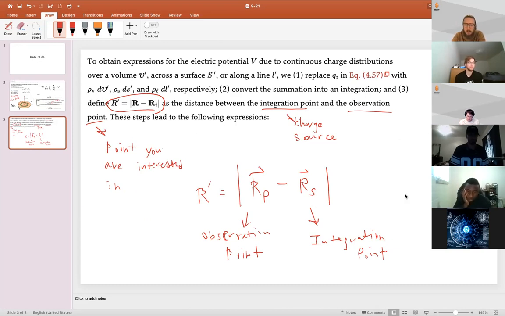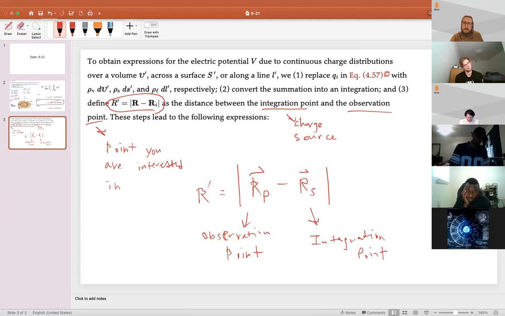To make it easier, first write rp, then rs, then rp minus rs, and then find the magnitude.